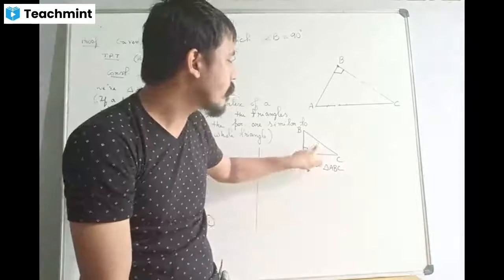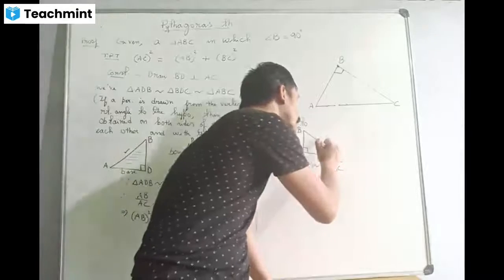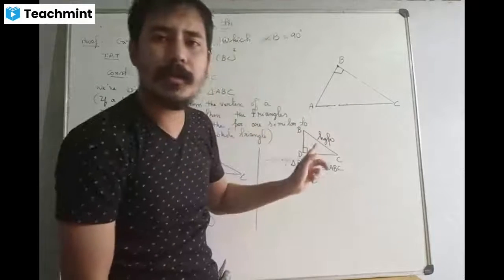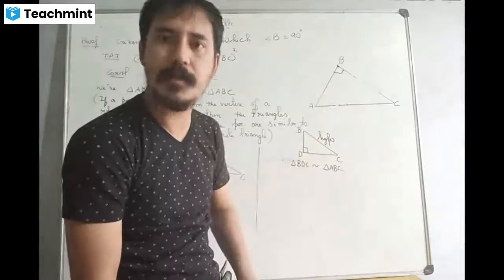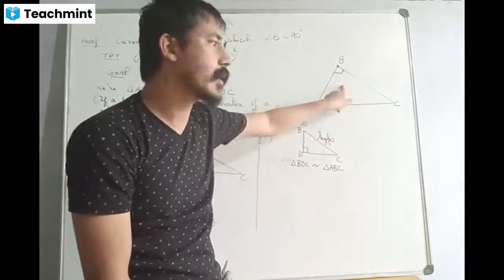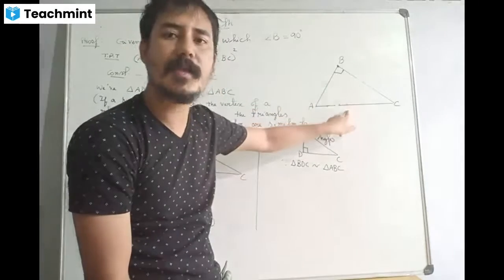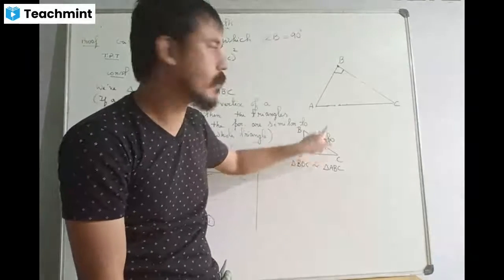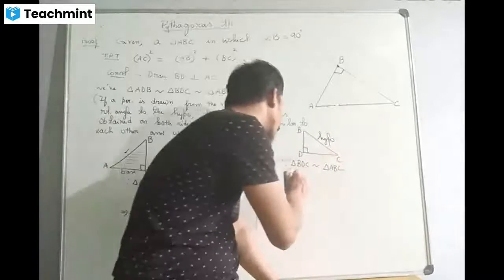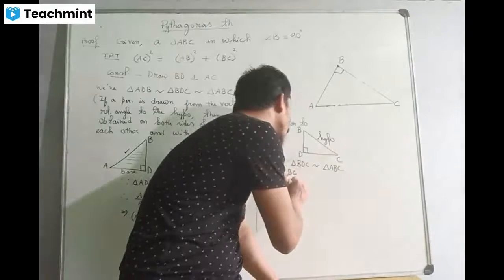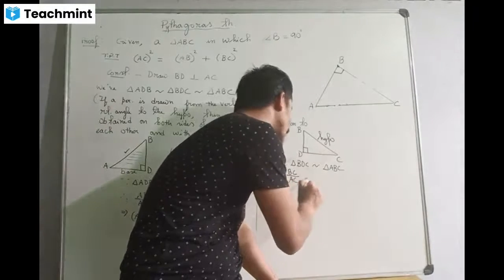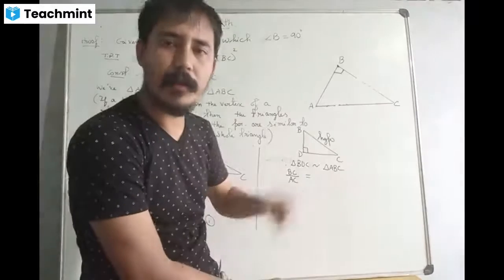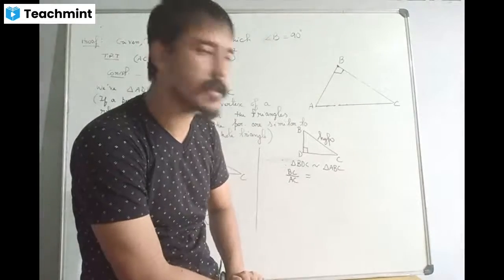So from this triangle, if I take the hypotenuse BC, then hypotenuse always corresponds with hypotenuse, right? In this right triangle, your hypotenuse is AC. So BC upon AC will be equal to the ratio of any other corresponding sides.